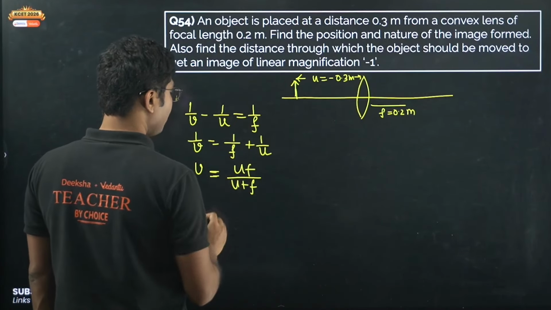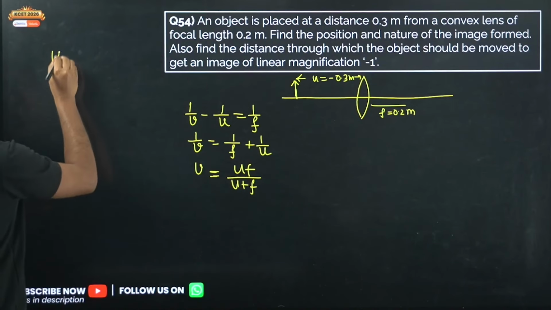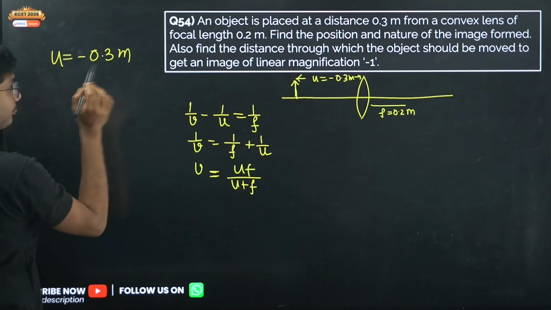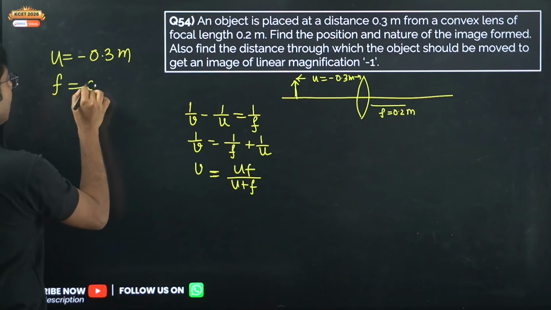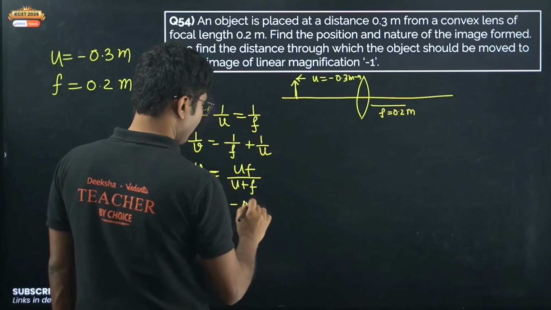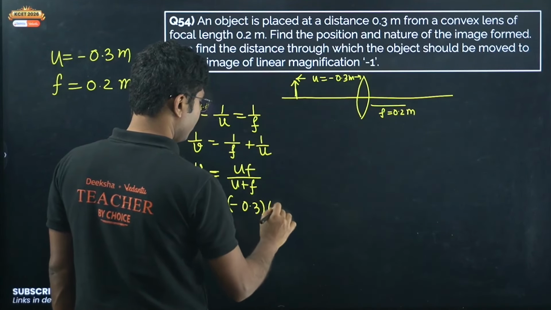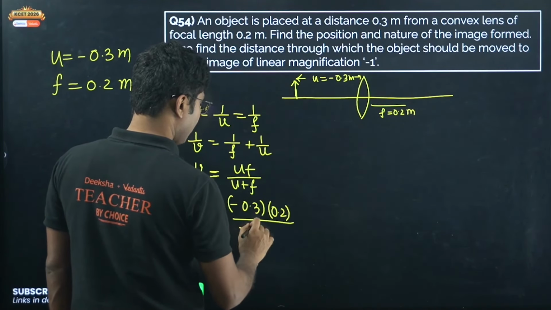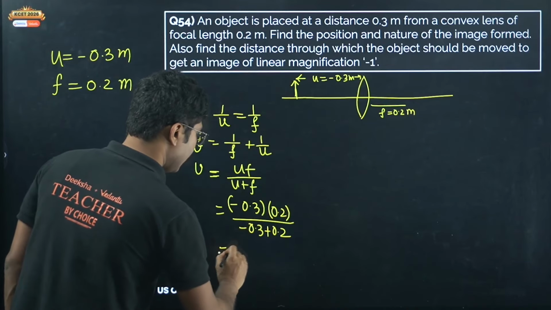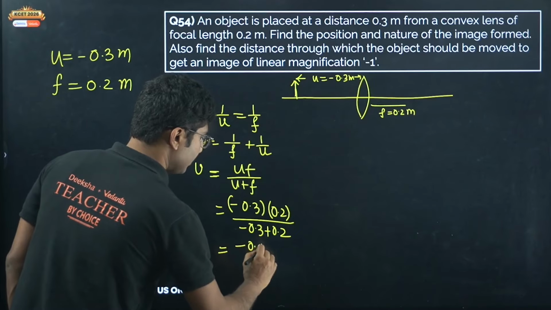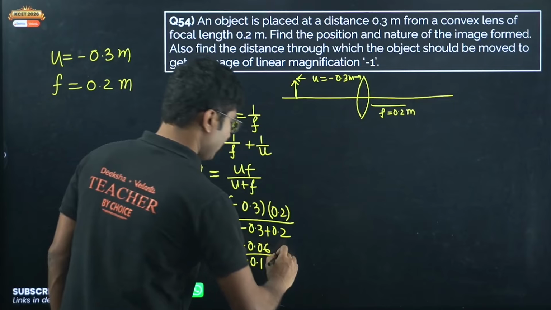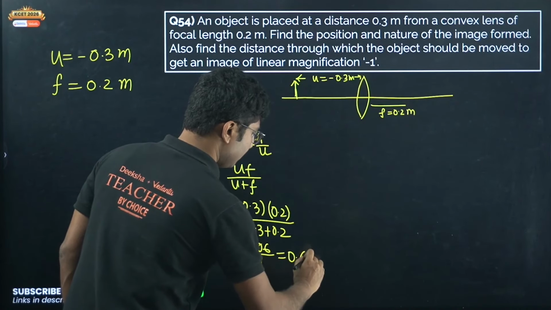Now we have to put the values here. Remember U is minus 0.3 meters and focal length is plus 0.2 meters. So put these values in this equation: minus 0.3 into 0.2 divided by minus 0.3 plus 0.2. Okay, so what we got? We get minus 0.06 divided by minus 0.1, so it will be plus 0.6 meters.